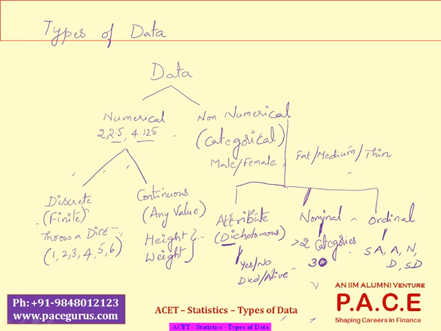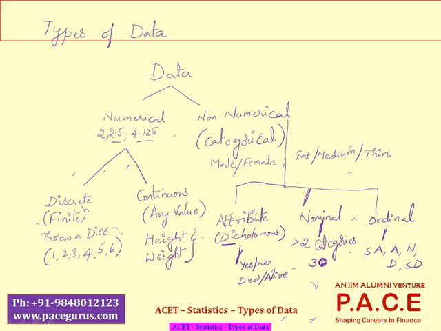So within the categorical itself, we have attribute based data, nominal data, and ordinal data. Before I proceed with any kind of analysis on the data available to us, I need to see whether it first falls into numerical or non-numerical. If it is numerical data, I need to look at it as discrete or continuous.